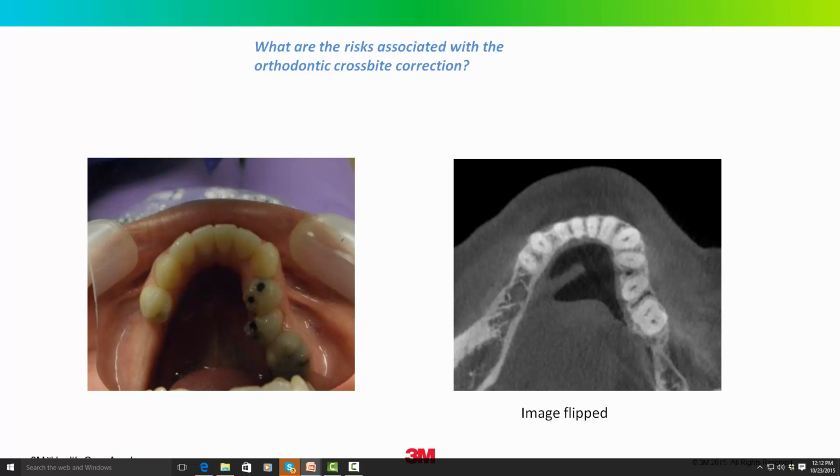Now, knowing that correcting the crossbite is going to create dehiscence of those roots, what do you do? Well, in my opinion, the current position of the teeth aren't doing that patient any good. And correcting the crossbite, if it's possible, will give the patient a better bite.